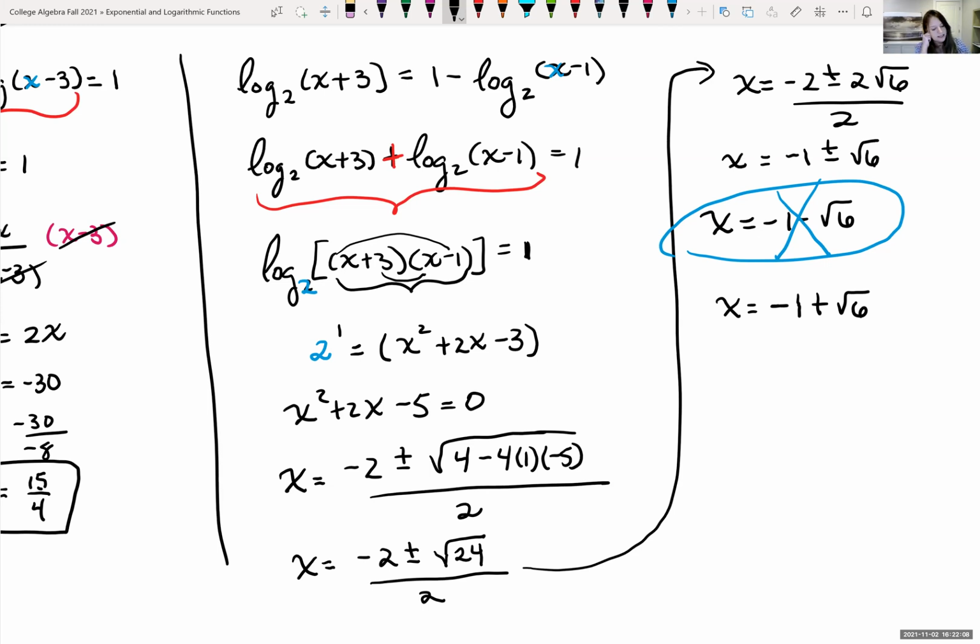Well, root 6, that's between square root of 4 and square root of 9. So that is 2 point something. 2 point something minus a 1 is 1 point something. So I'm okay when I go in here and plug in my 1 point something minus 1. That's going to give me a positive number. And so I would be okay with that. So our solution is just this one.